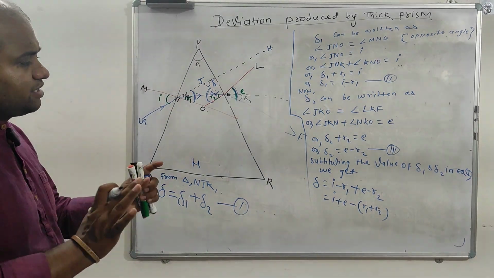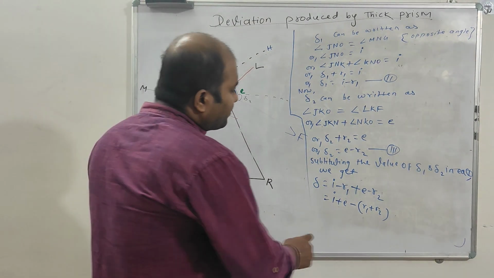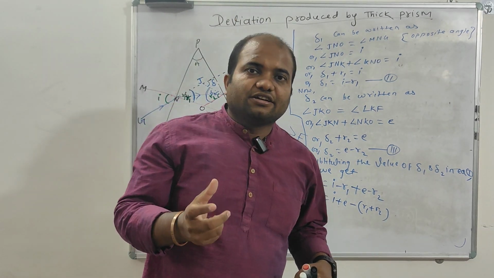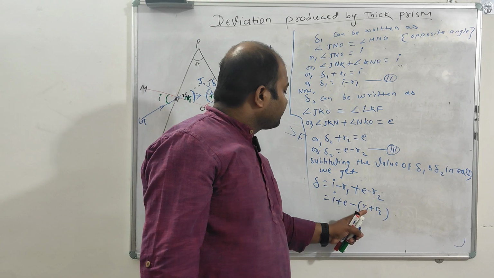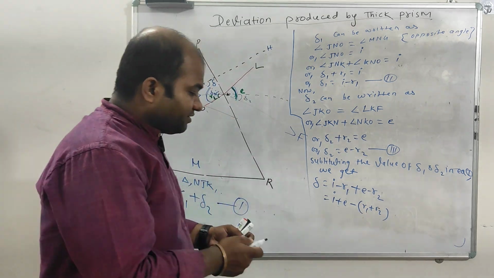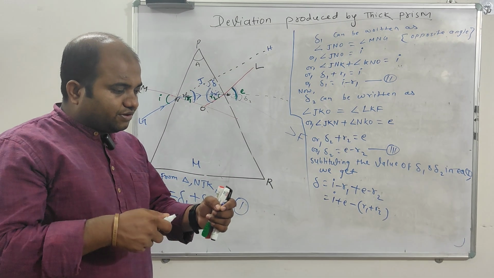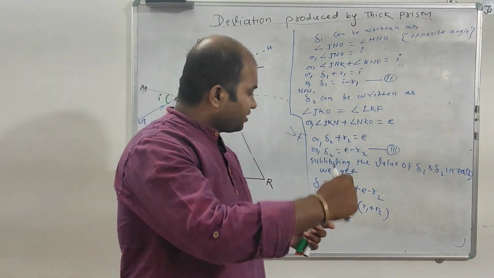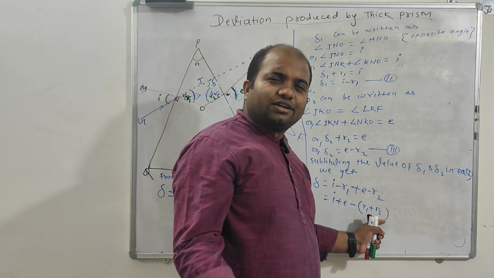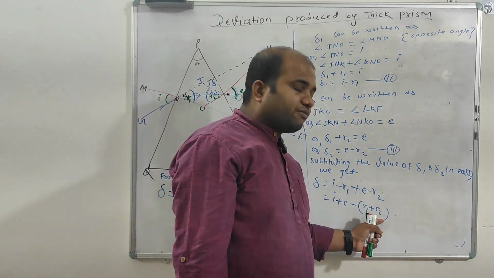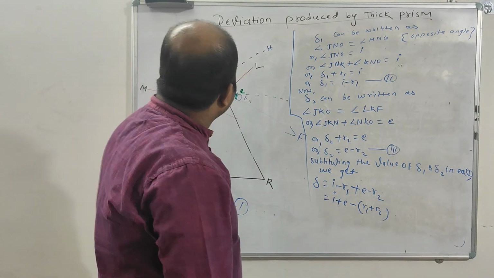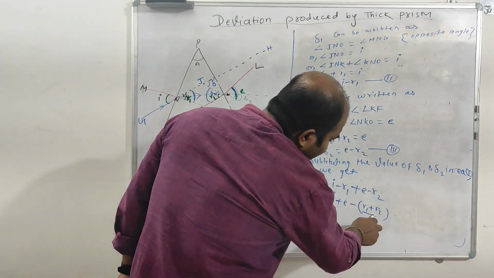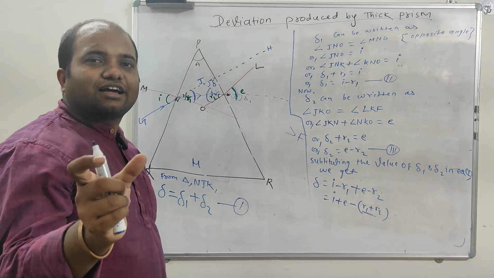Now it's almost done, but we have to write it in terms of the angle of prism, because when the prism is manufactured, we cannot measure R. If you throw light, we know the angle of incidence and we know how much it is exiting out, so we know I and E, but we don't know R. We need calculation for that. But during manufacturing of prisms, they use the term angle of prism. So somehow we have to convert R1 and R2 into the form of angle of prism.